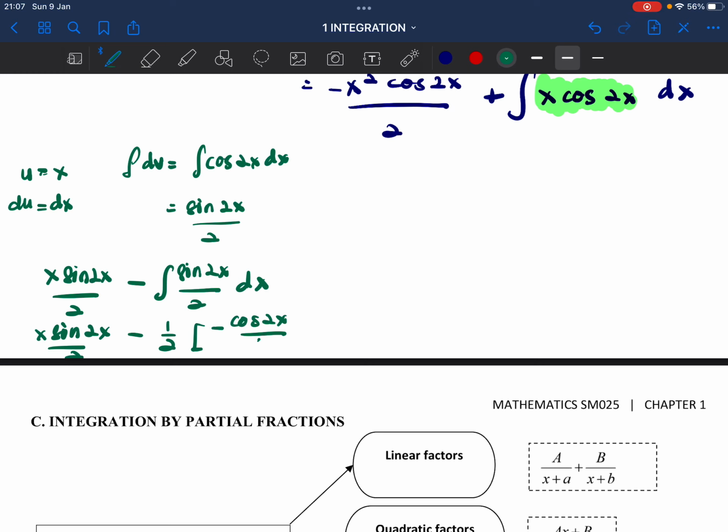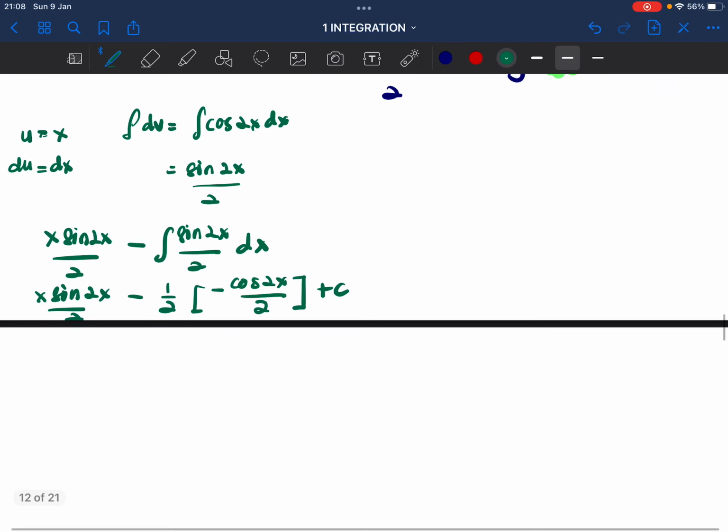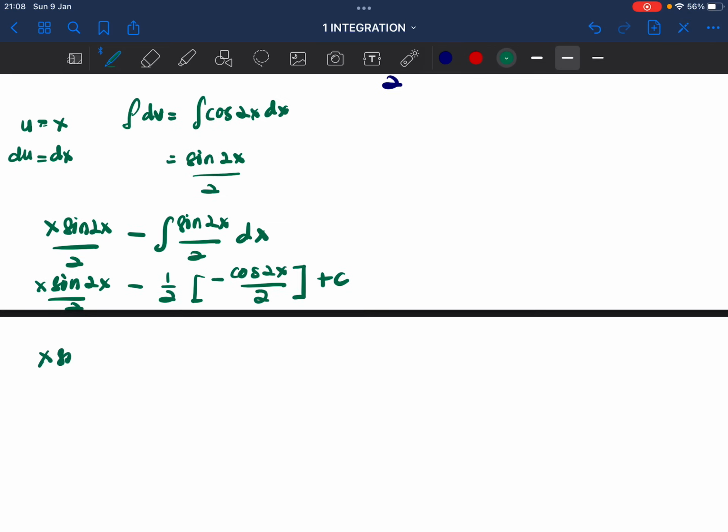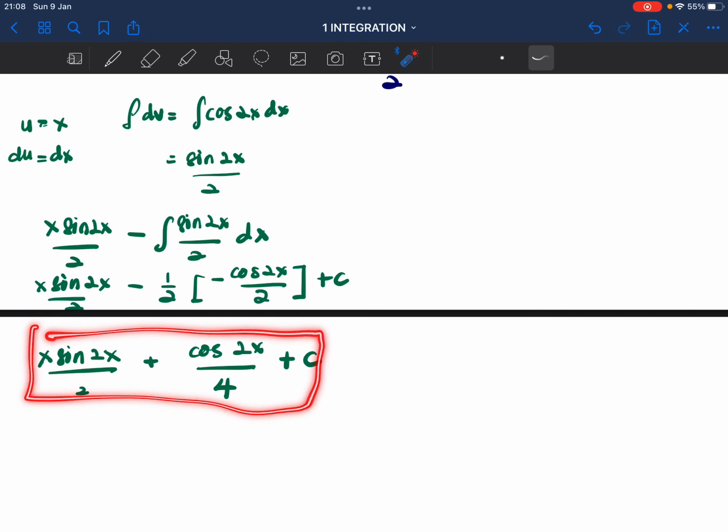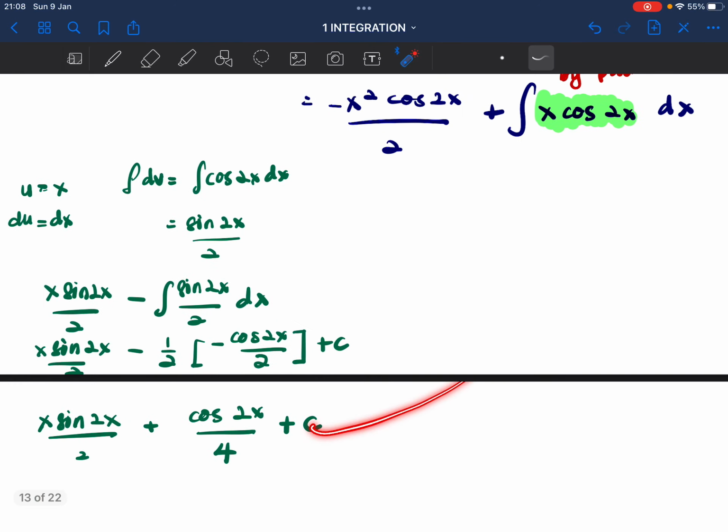The 1 over 2 we have taken out. So the answer here is x sin 2x over 2 plus cos 2x over 4 plus c. So this part is the answer for this part here.